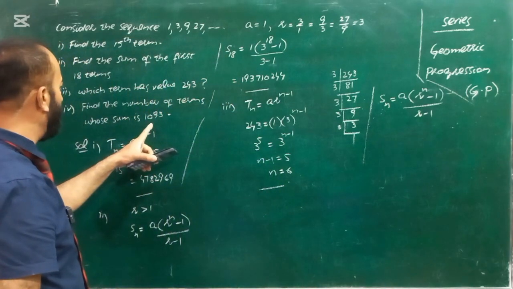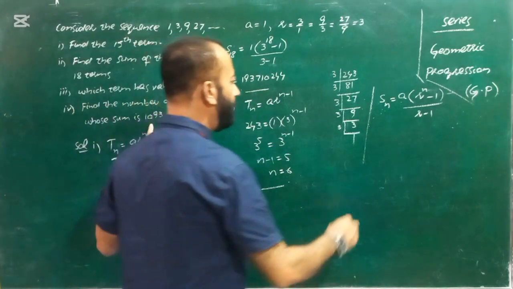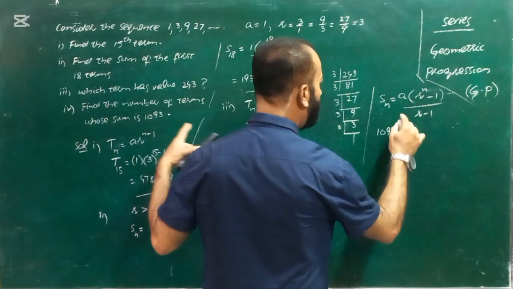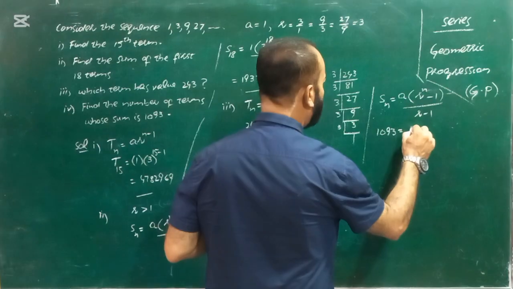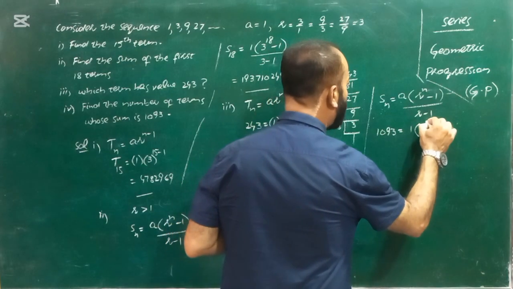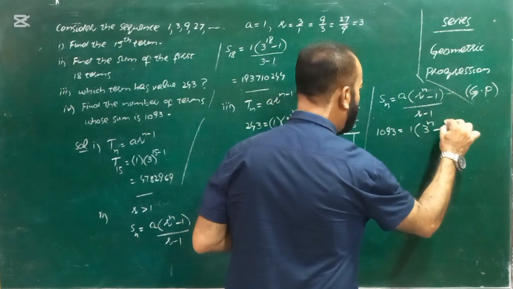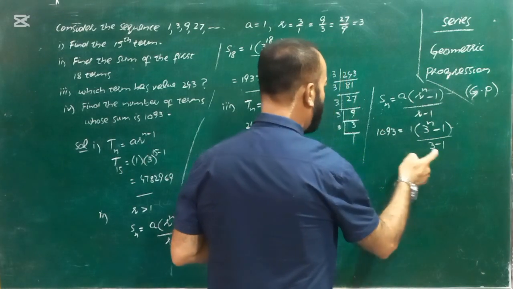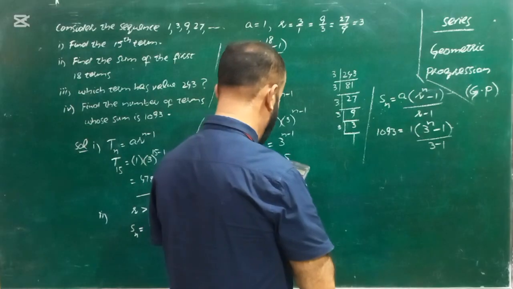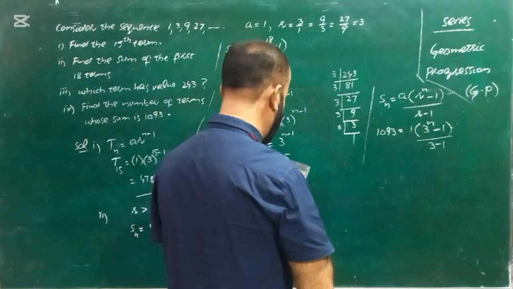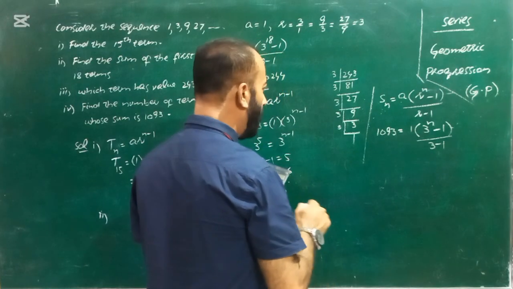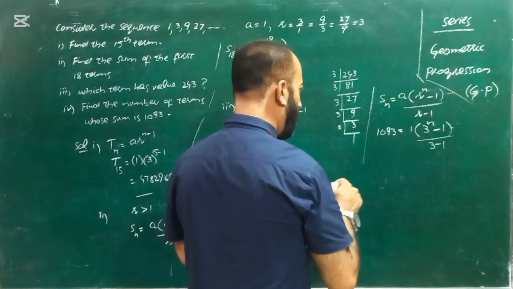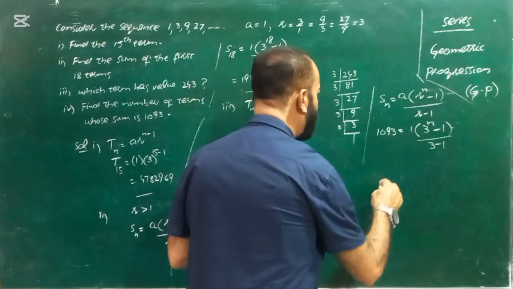The sum is given here, that is 1093, is equal to A, the first term is 1, ratio is 3, 3 raised to power n minus 1 over R minus 1, that is 3 minus 1. So it is 2. 1093 multiplied by 2. This minus 1 will come plus. So this is 2187.